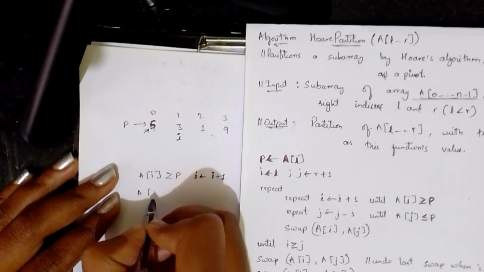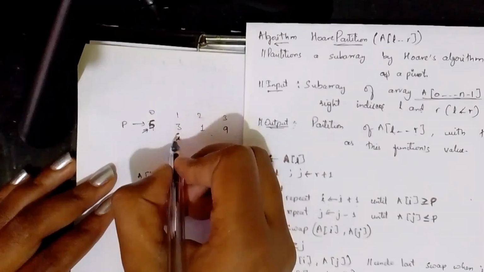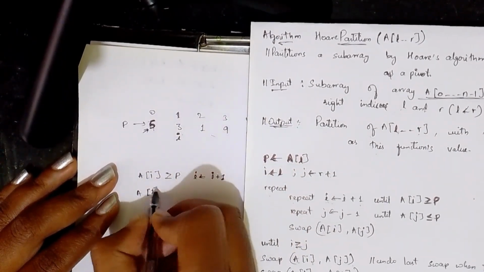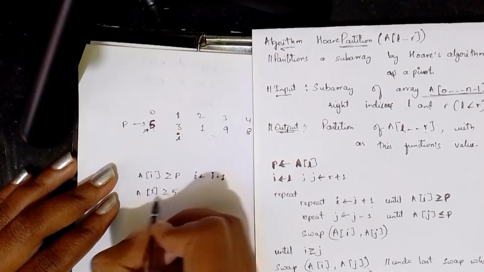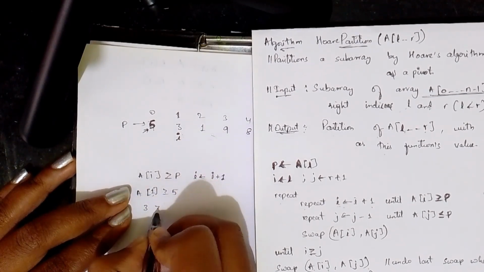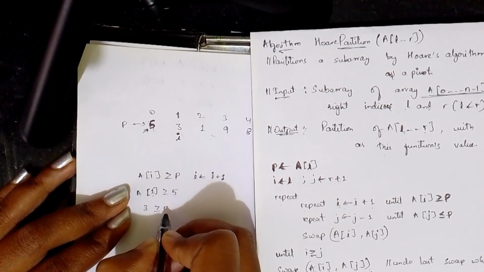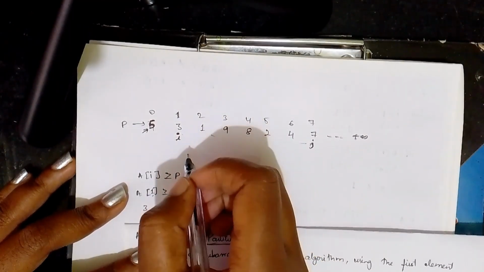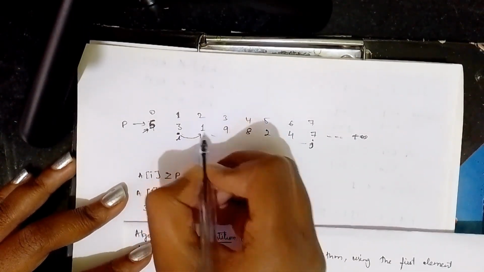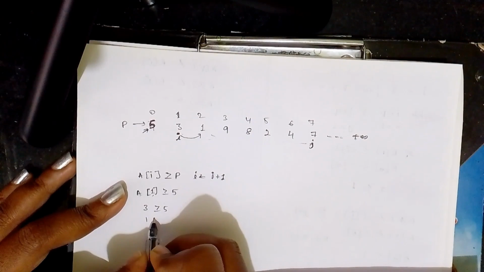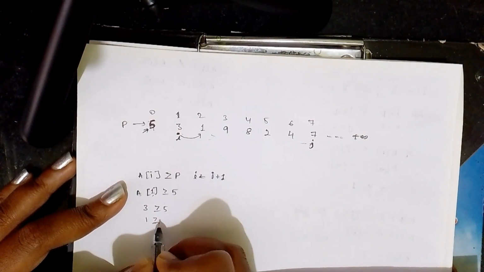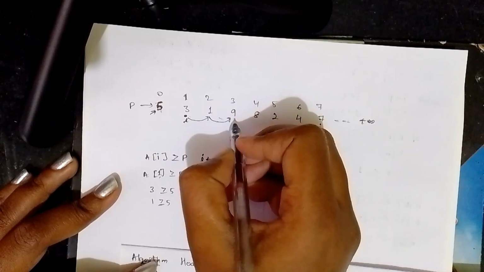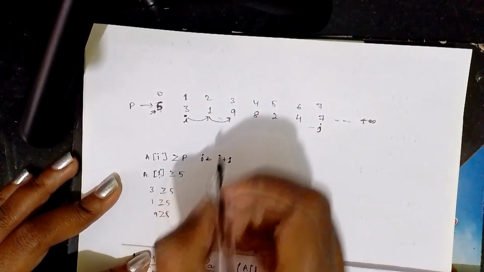Now a of i, the first element, is 3, and we have pivot element 5. 3 is less than 5, so we can't do any swapping here, so we move further. 1 is greater than or equal to 5? No, it is smaller, so we move further. Here 9 is greater than 5, so I have to stop here.